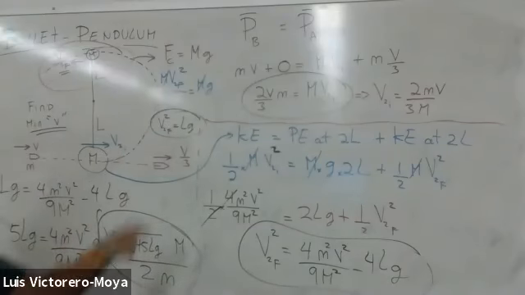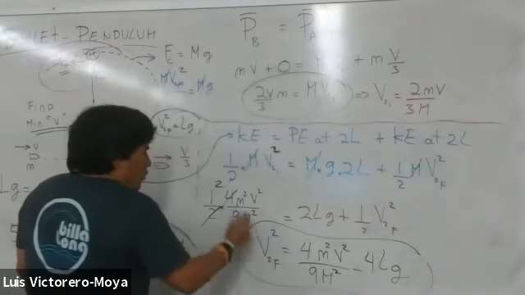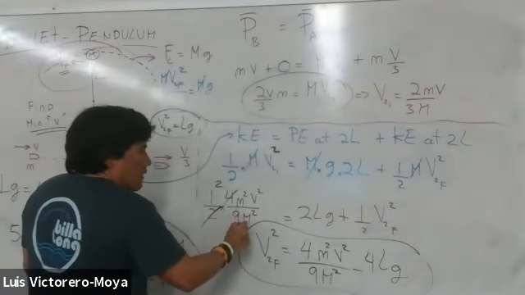A half there, that will give you 2 when you simplify. M cancels, that's fine. 1/2, and that's V2 final square, which is the velocity here. You have 2 times all this minus that, but you have a half, so that's why you multiply by 2.